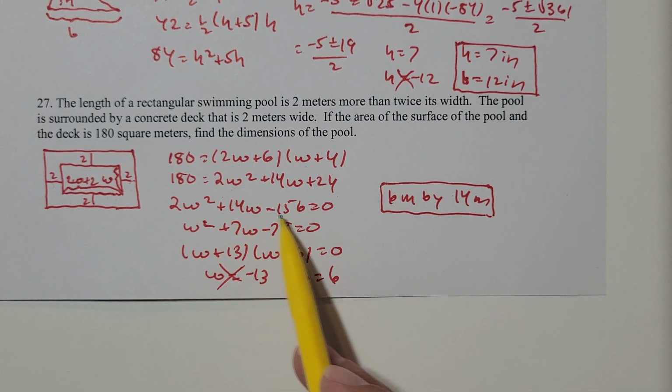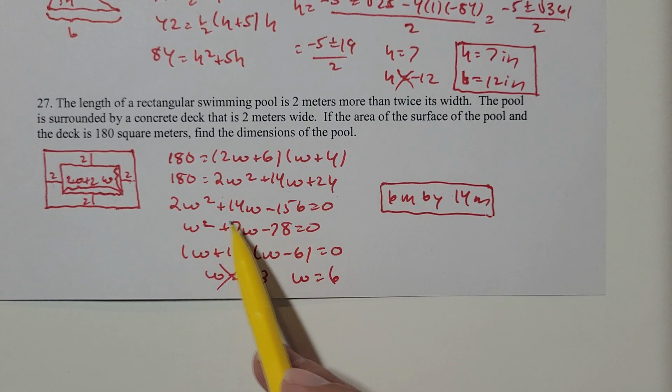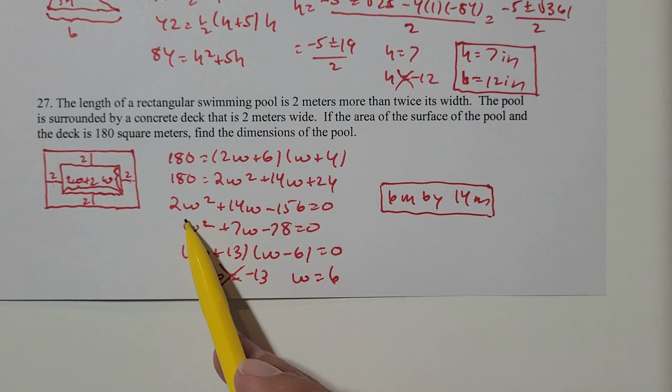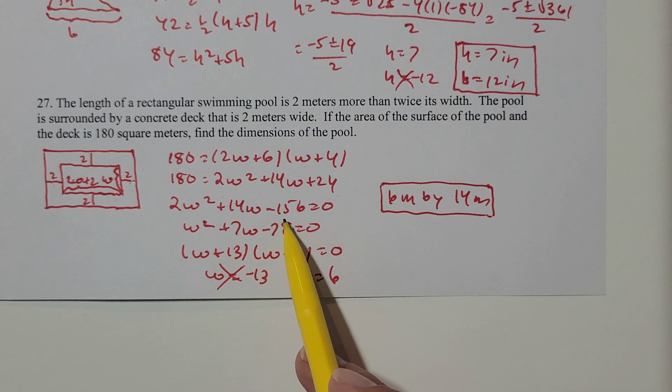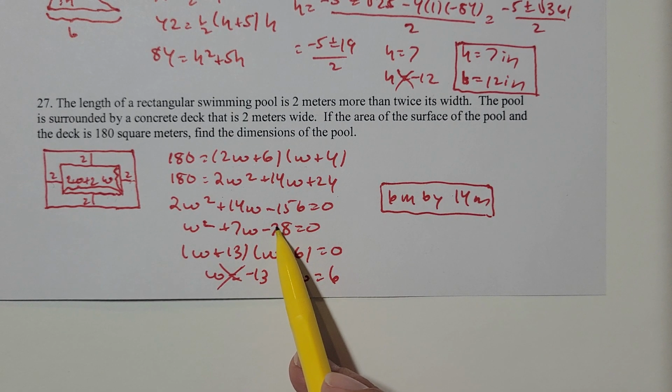Now, all three of these numbers are even, so 2 would go into all three of them evenly. If I divide both sides by 2, I'll have W squared plus half of 14, which is 7W, minus half of 156, which is 78, equal to 0.